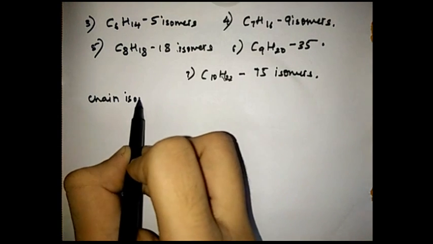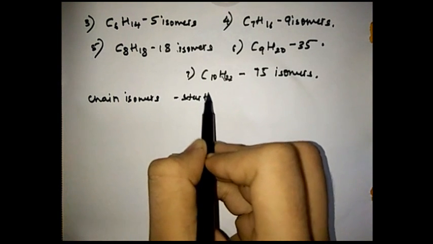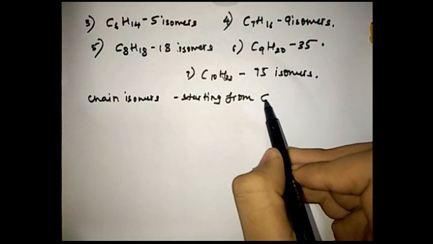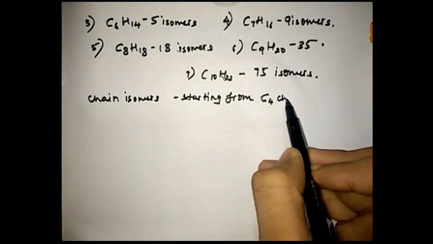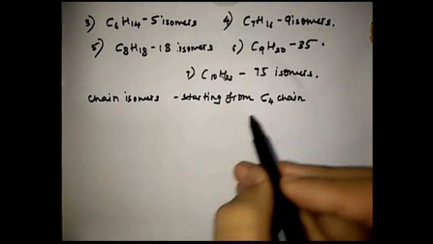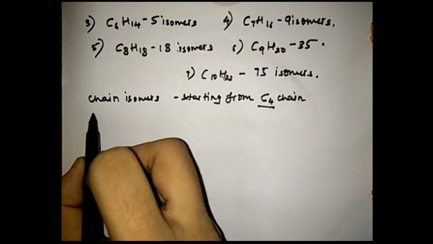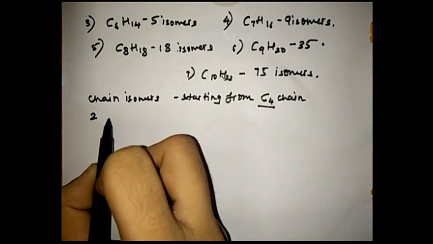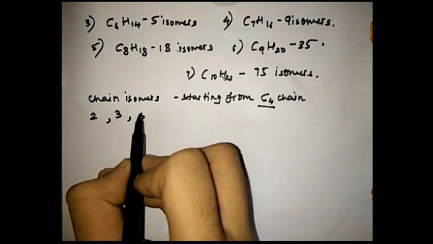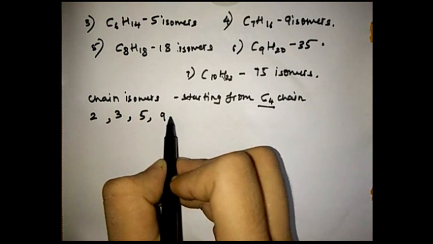So I have given you a list of chain isomers starting from C4 chain length minimum, that is the minimum to have a chain isomer. Butane has 2 isomers. Pentane has 3 isomers. Hexane has 5 isomers. Heptane has 9 isomers.